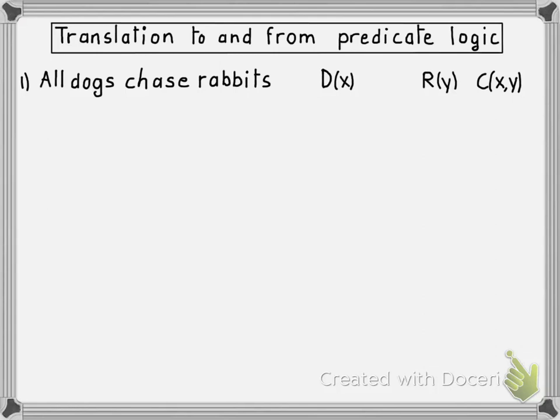Now, let's go ahead and translate this first sentence. All dogs chase rabbits. Now, the first step is usually to analyze the English sentence and try to identify the logical connectives that are hidden in there, if any. Now, we already saw these kinds of sentences. All dogs chase rabbits really hides a conditional.